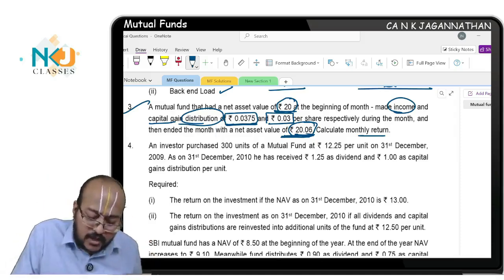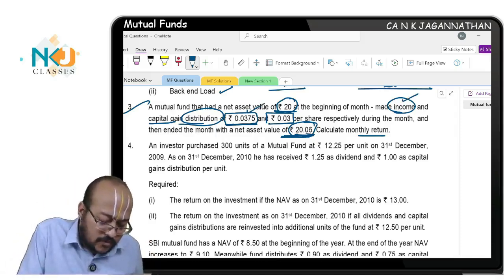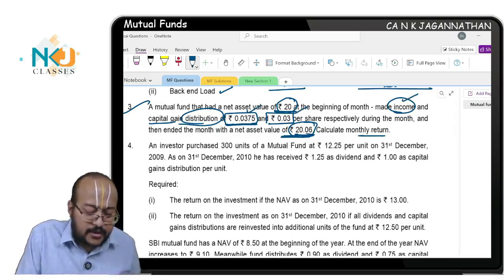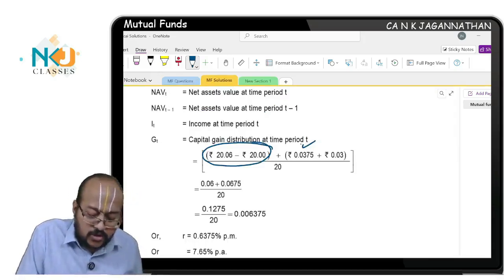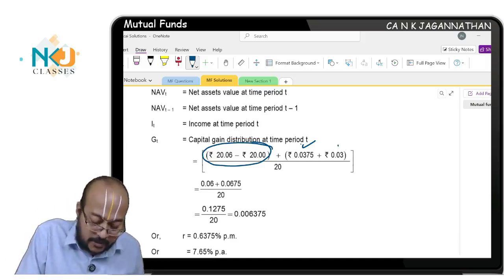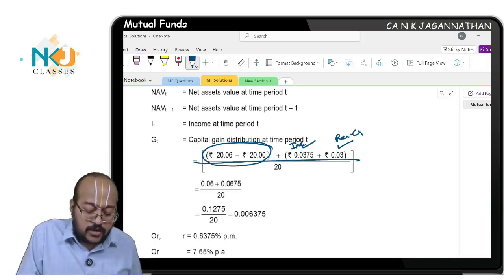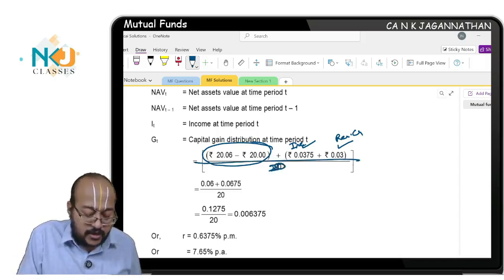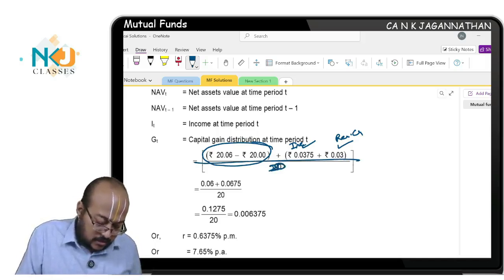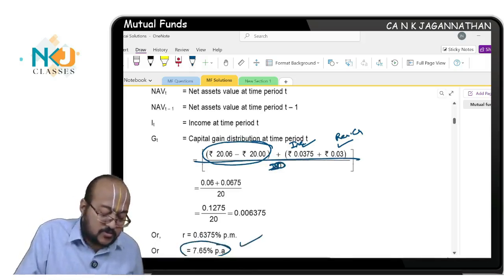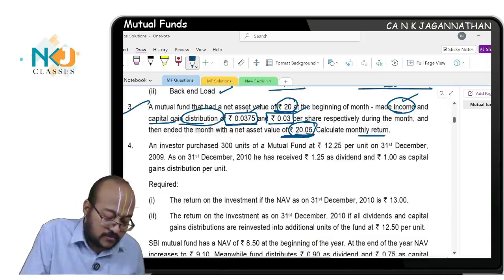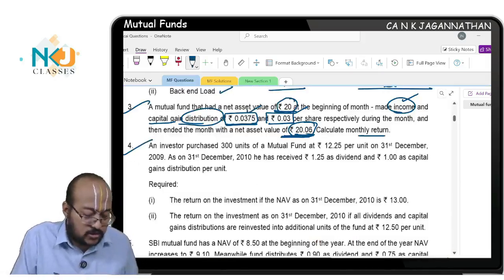This is realized gain, which means you realize this income 0.0375 and this capital gain 0.03, which will not be captured by NAV. This is realized capital gain and this is realized income. Everything you divide by NAV0, 20, and you will get a return of 7.65% per annum. Next, take question number 4.